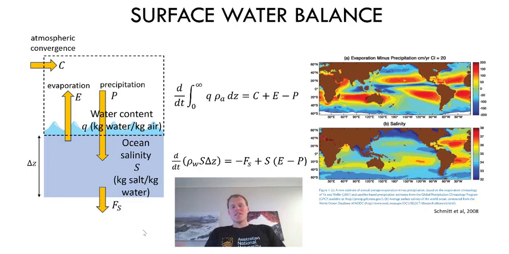And you can see that if you look at a plot of evaporation minus precipitation in the top here and salinity in the bottom, you'll notice there are some similarities in the structures there. So in the regions where you have strong evaporation, so that's in these mid-latitude regions such as Australia's latitude band and similar regions in the northern hemisphere, you also tend to have strong sea surface salinity, so elevated sea surface salinity.